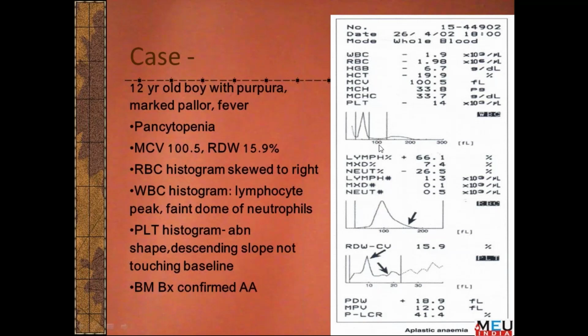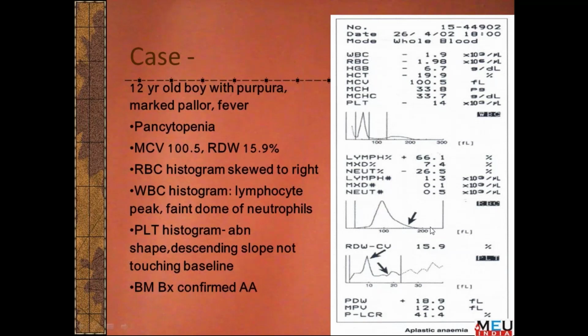In the WBC histogram, there is a dome of the lymphocytes, but the neutrophils are suppressed. In the platelet histogram, you can see a lot of broken RBCs, or these disturbances are there. Overall in this case the WBC count is markedly decreased.